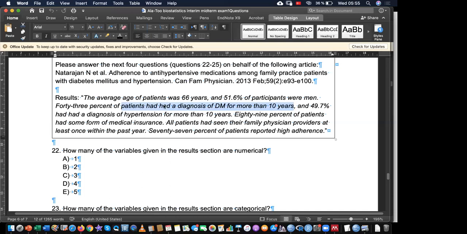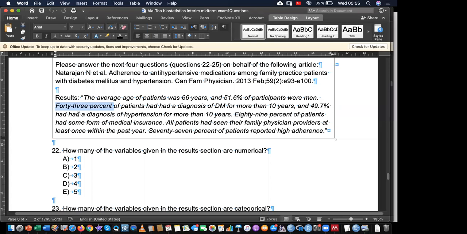The answer to this question is yes or no. If you give the percentage, 43%, it is a categorical variable. We don't give percentage for a numerical variable. For numerical variables, we give the mean and standard deviation or median. If the percentage is presented, it means it is a categorical variable.